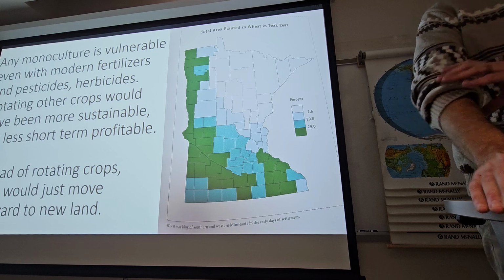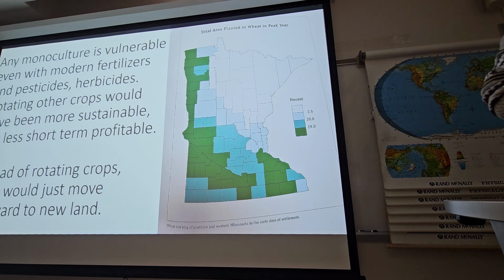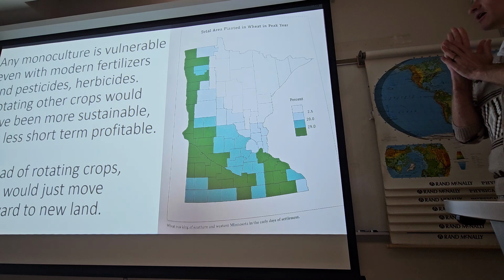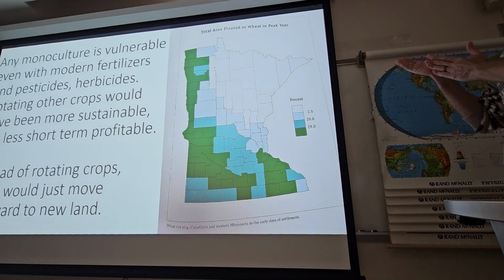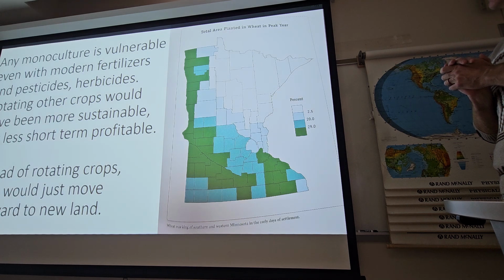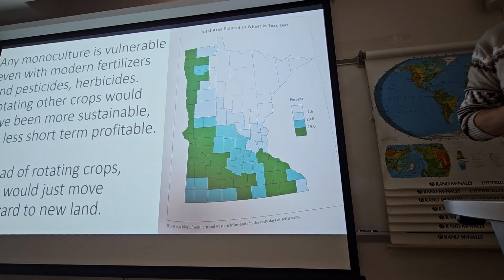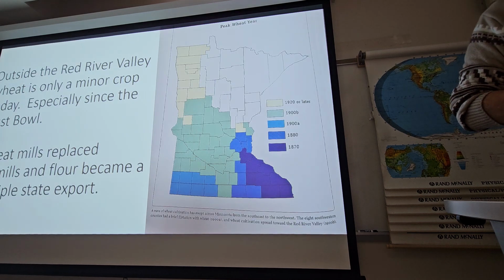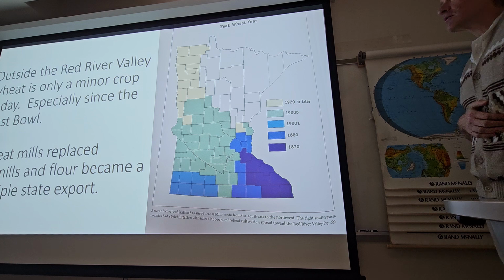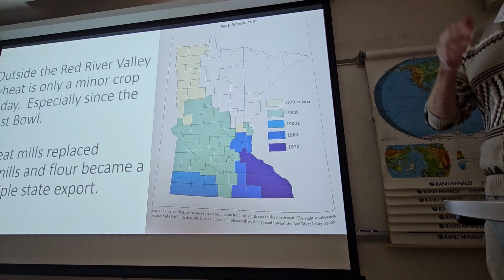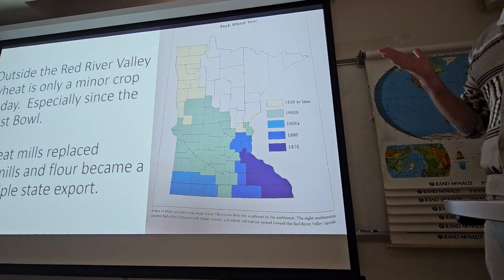Like I said, I dug out my Minnesota maps today. Looking at different crops through time, wheat, well, as you can see, it was a popular crop in Minnesota through time. But what happened, well, just like the Fertile Crescent, so we should know this type of thing would happen.